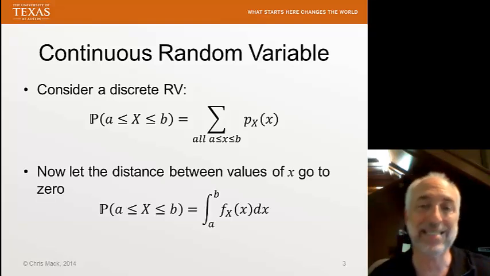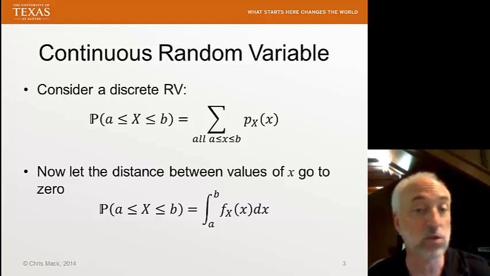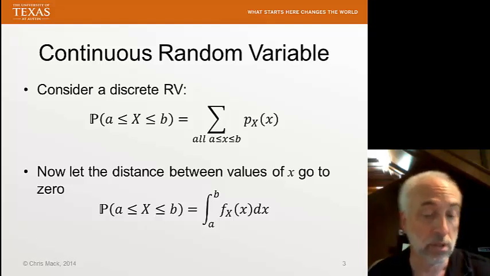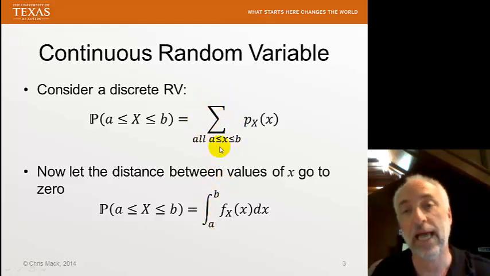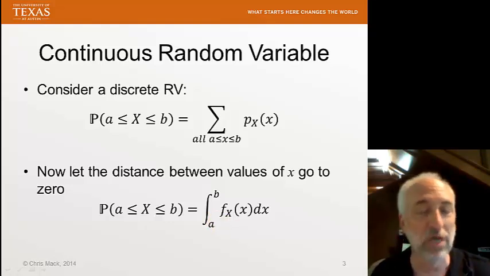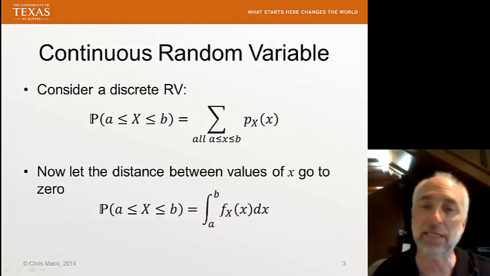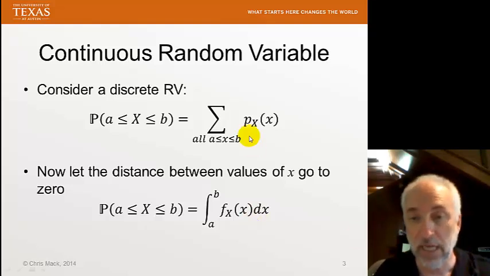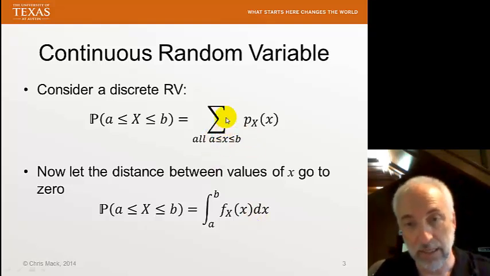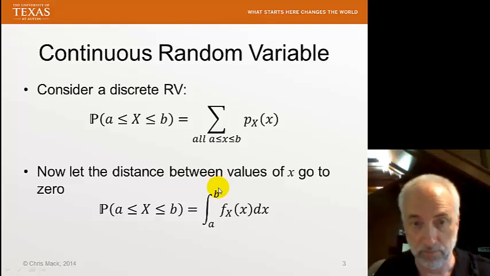If we let the distance between values of x go to 0, this is like taking our sum and turning it into an integral. It's a classic calculus move where we start with the summation, we let the numbers that we're summing up become infinite, and the summation of all x values between a and b becomes the integral from a to b.